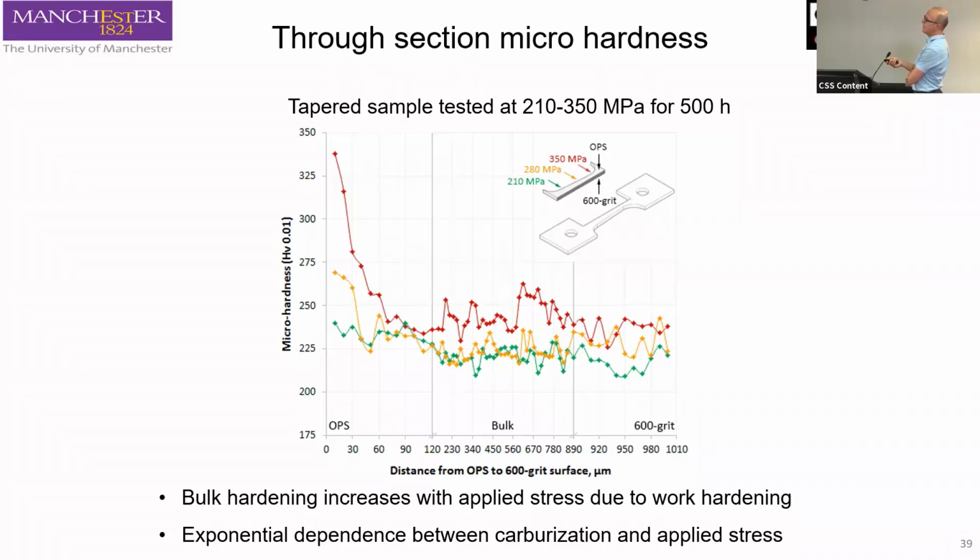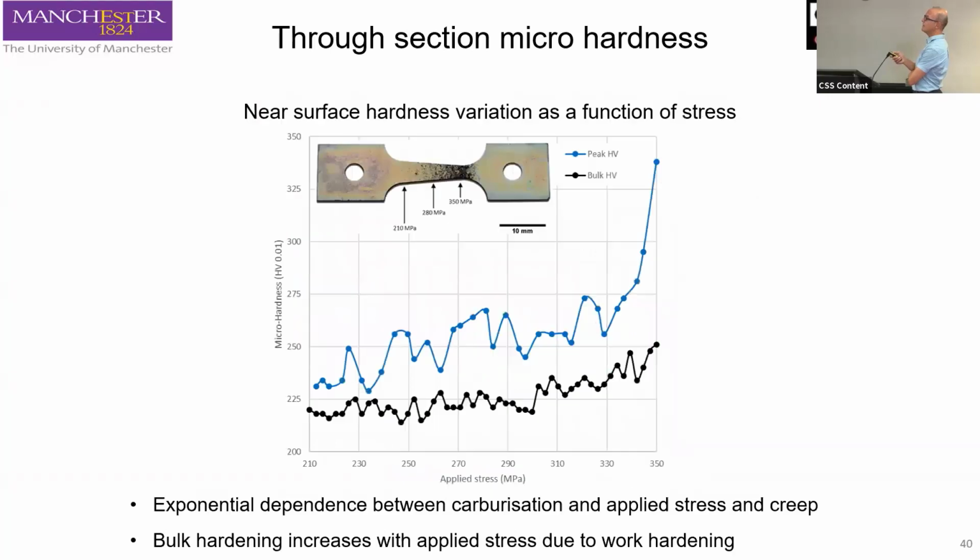Now, if instead of plotting the hardness through the section, we plot only the peak hardness close to the surface, on the vertical axis we have the hardness, and on the horizontal axis we have the stress.